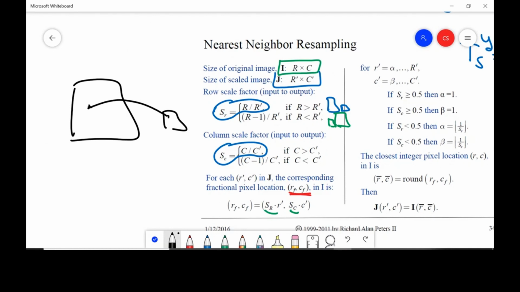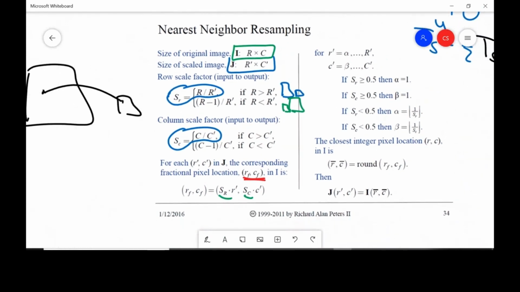Okay, so you need a transformation that takes coordinates in the output. Let's put some colors. Let's say this is the output, and this is the input.